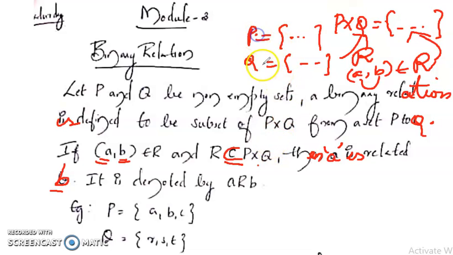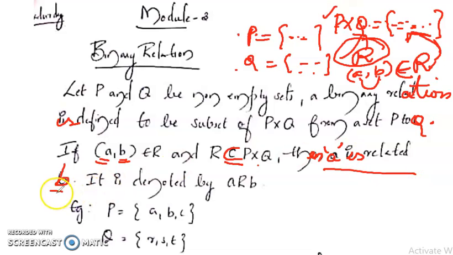So P and Q are non-empty sets, we have some elements, we find P cross Q, and a relation R is defined, with (a, b) belonging to R and R a subset of P cross Q. Then we say a is related to b. It is denoted by a R b.